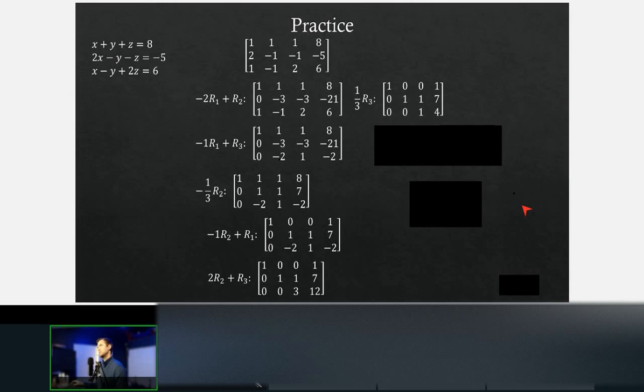But actually, do they both work? They don't both work. Yeah, only one of them is correct. Natasha, what do you think?